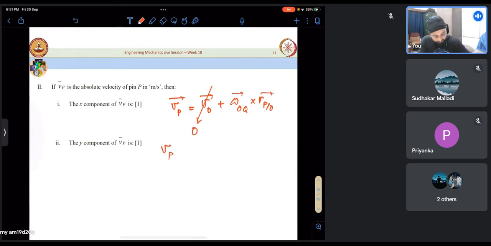So velocity of pin P. This is straightforward, even in coincident points we saw that it will be normal to this thing.